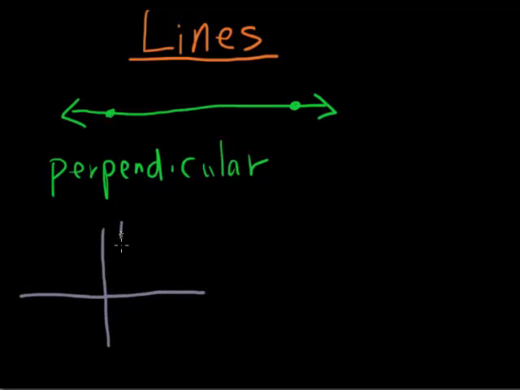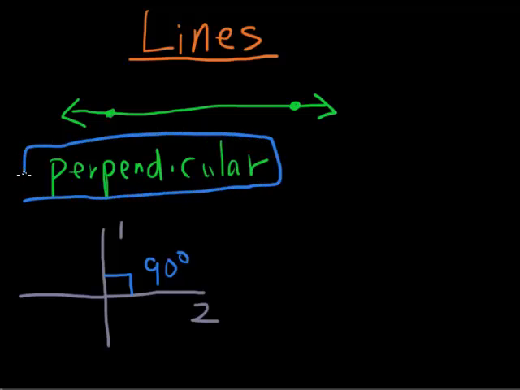So line number 1, line number 2, and they intersect each other with a 90-degree angle, right? So 90 degrees. That makes these lines perpendicular. Now on the other hand, two lines are called parallel if they never touch each other.